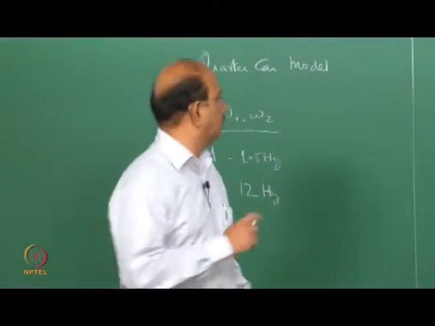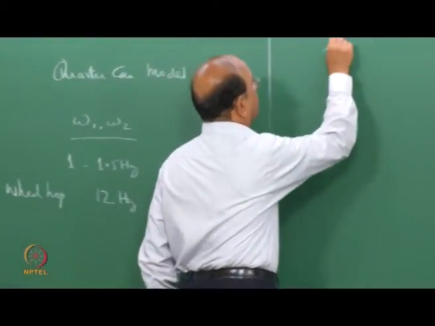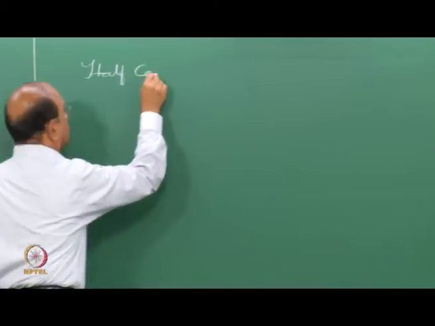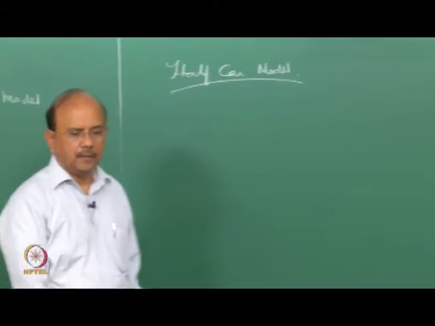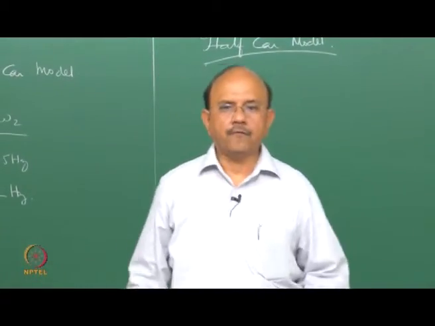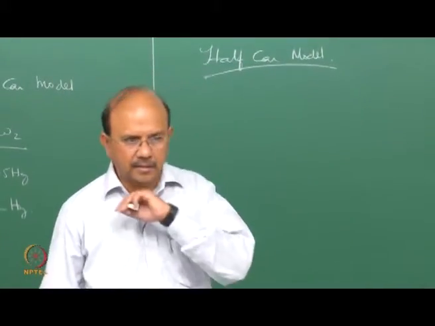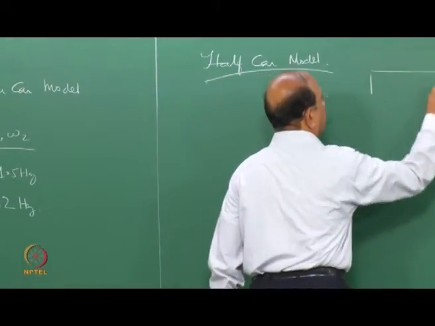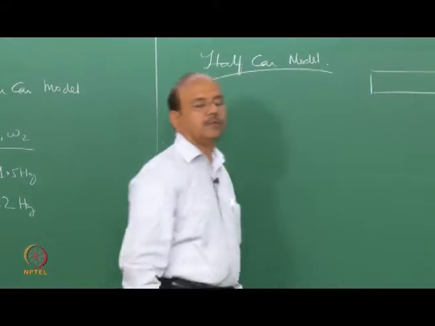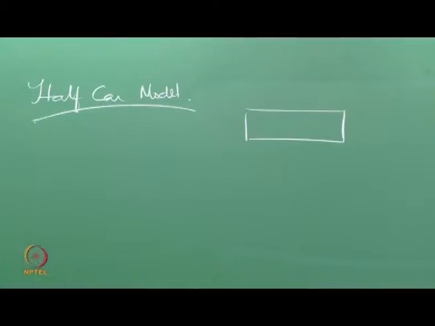Then we moved over to what is called the half car model. Right? So in the half car model, we said that we will take a very simple case. We are going to remove in fact the unsprung mass.